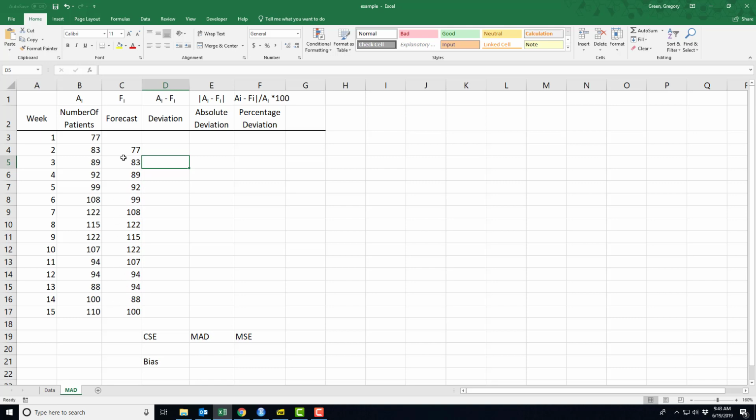One thing I do want you to notice, though, this historical data that we've collected, generally speaking, we're talking of forecasting future dates, okay? Well, and that's what we want to use it for. But in order to calculate the errors, I have to know what actually happened, A sub i, and I need to know a forecast.